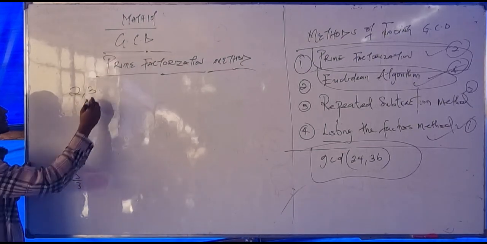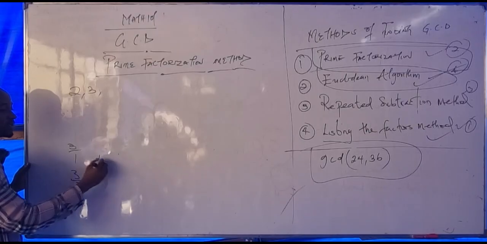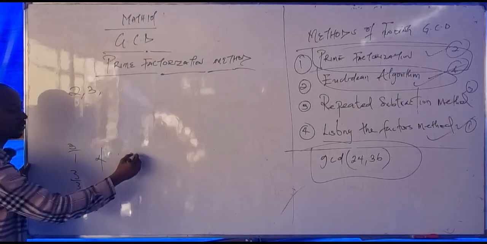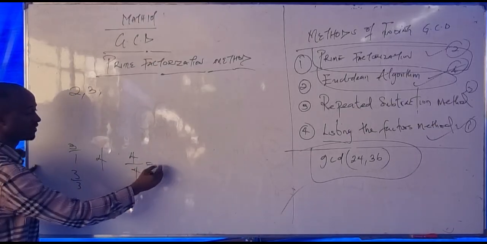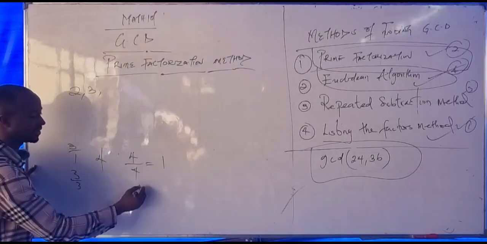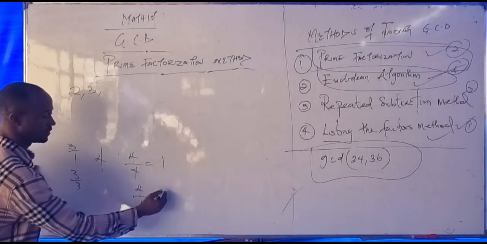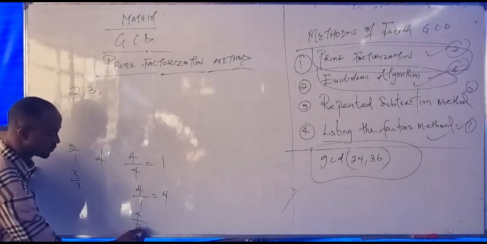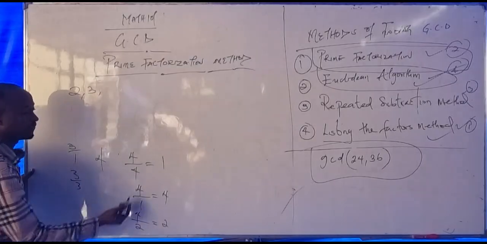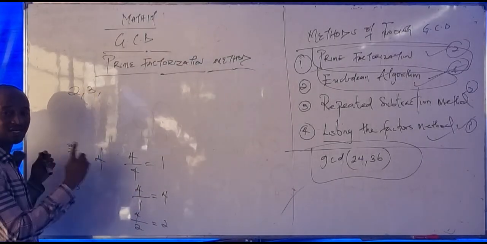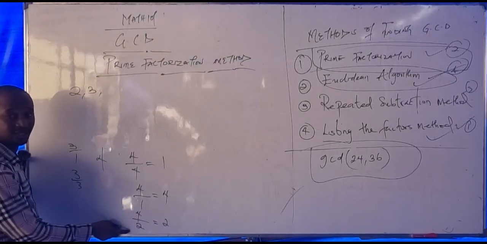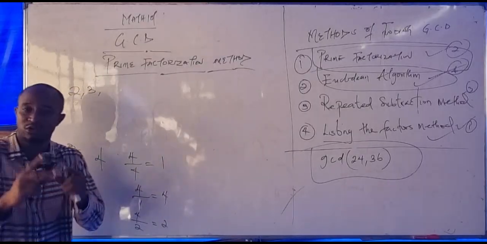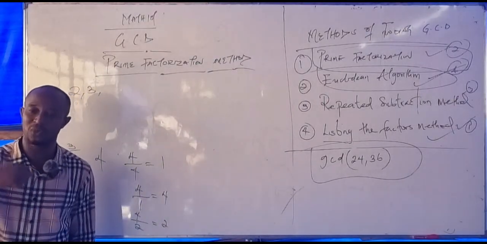Are you following? What about 4? No, 4 is not a prime. 4 can divide itself, 1, and also 2. So 4 has 3 divisors. Prime numbers have just 2 divisors, 1 and itself.